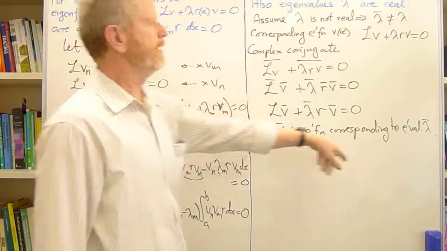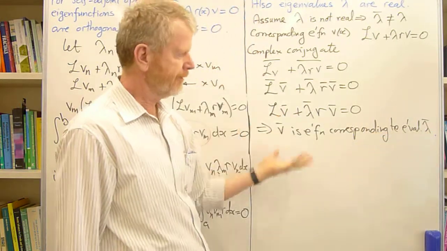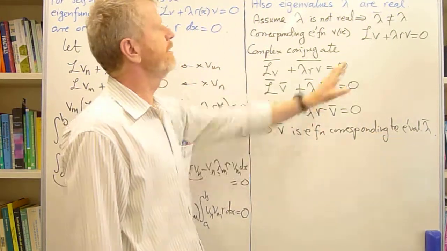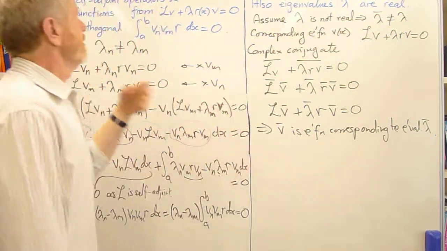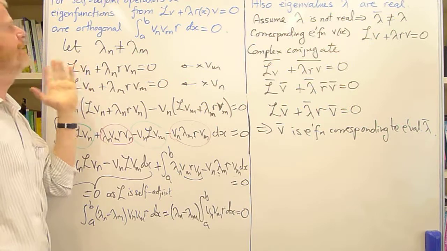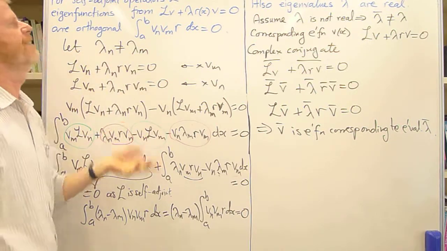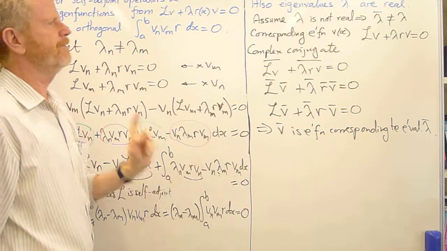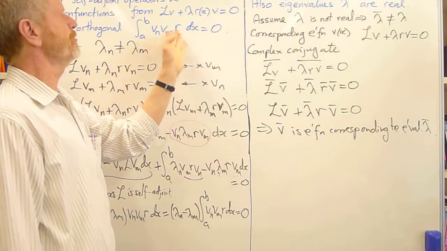And now, lambda bar, this thing that we now know is an eigenvalue, is not equal to lambda, which is also an eigenvalue. So let's apply this property. Since the two eigenvalues are not equal to each other, their corresponding eigenfunctions have to be orthogonal with weight function r.